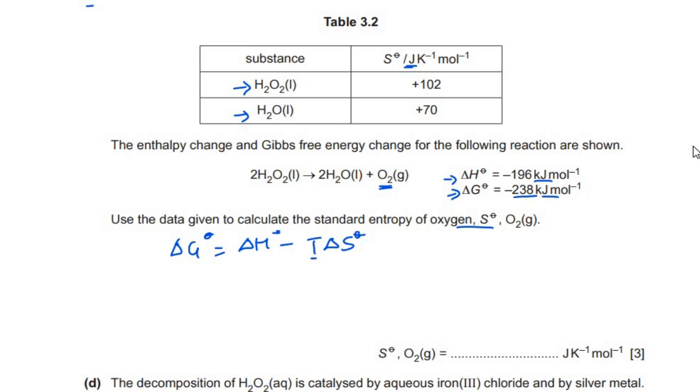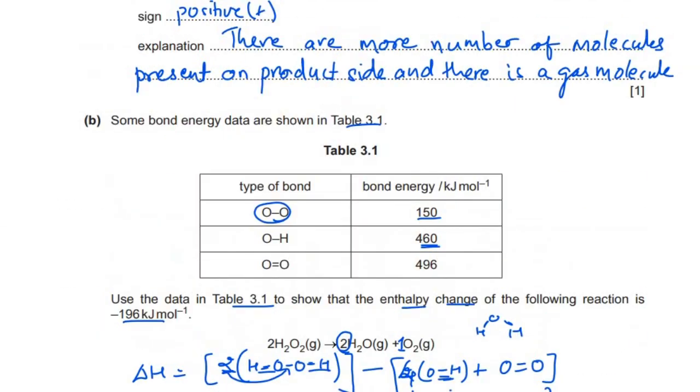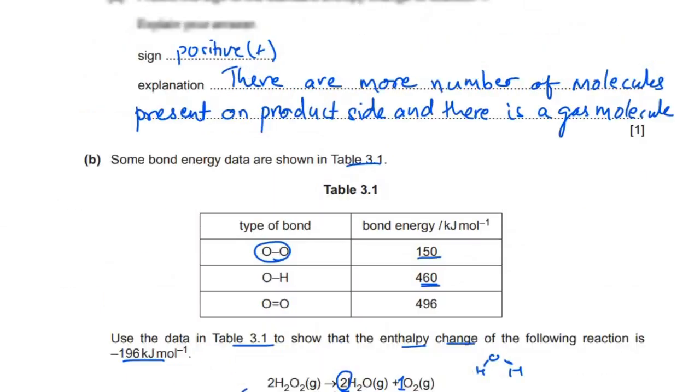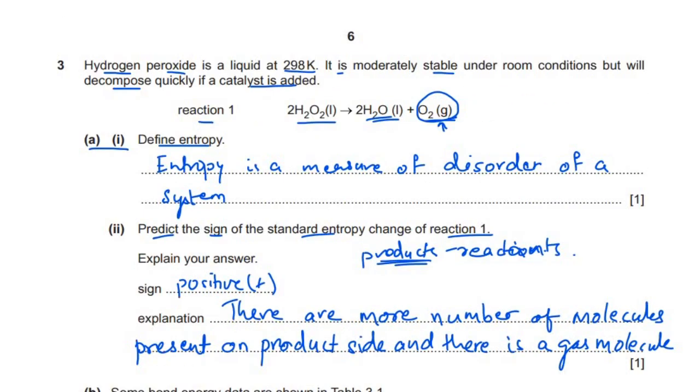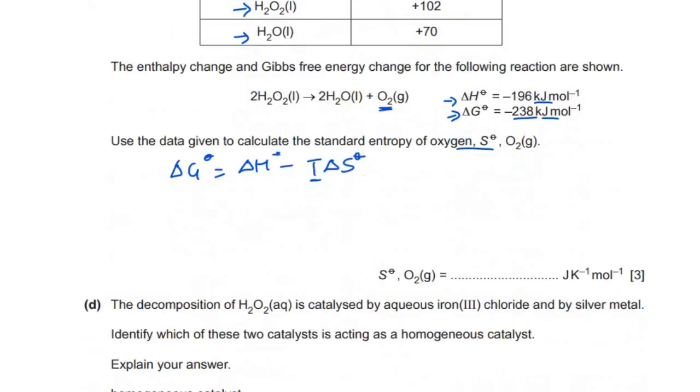Now let's see the temperature. What is the temperature used? It's already given in the question above that it is happening at 298 Kelvin. Yes, it's given here, 298 Kelvin. So the temperature taken should be 298 Kelvin here. So let's substitute and find out the value of delta S first.